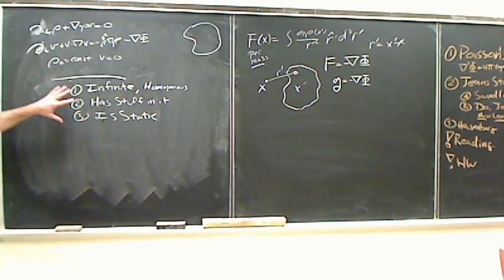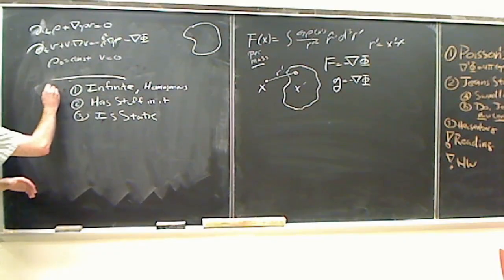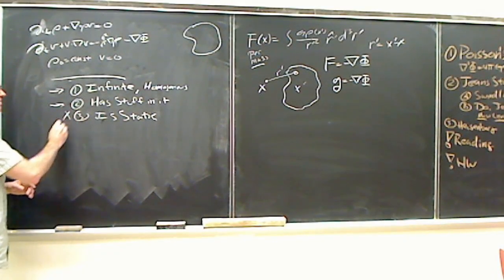So we have these three things. The universe is infinite and basically homogeneous, so that means there's no particularly special place in it. It has some stuff in it, and it's not really accelerating. Only two of these can be true at the same time, because I have these two equations, and I'm going to set a bunch of things equal to 0. So the universe can either be homogeneous and has stuff in it, in which case it is not static.